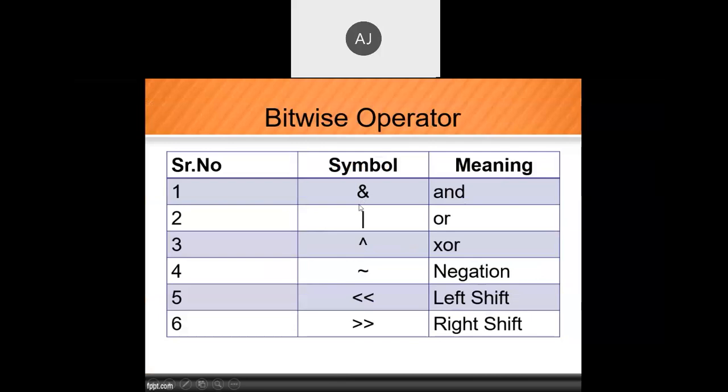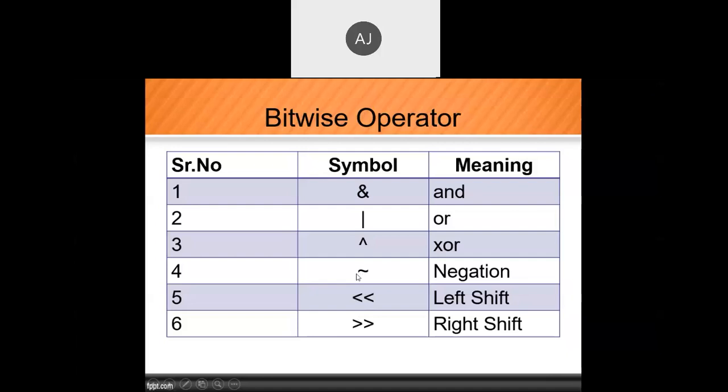These three operators are called binary operators. For these three symbols, we require two operands, so we call them binary operators.